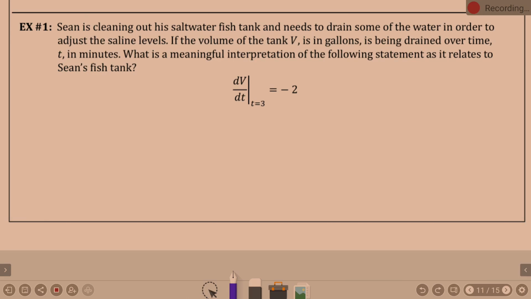So notice there, dV dt, evaluated at t equals 3, is equal to -2. We want to put this into words: what does this mean in terms of Sean's fish tank?